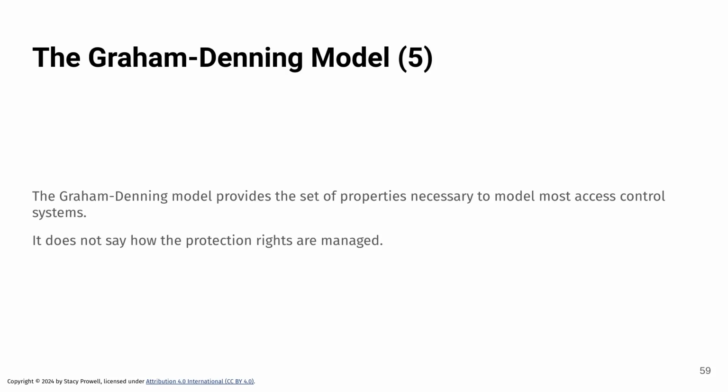What happens if I reach a state where, oops, I've given the wrong person a right? The worst case would be that I, as the owner of an object, outside my control, without my knowledge, have somebody else gain access to that object. And that can happen, right?